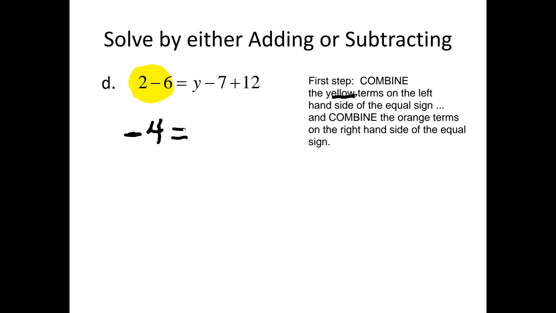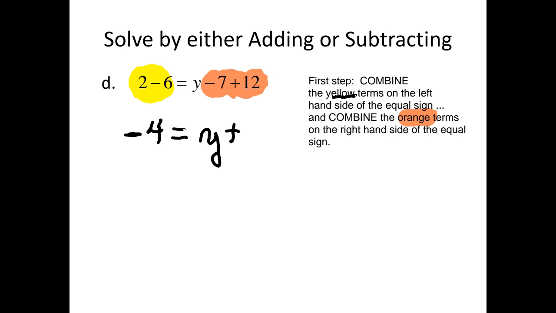Now, the right-hand side has a -7 and a positive 12. This y is staying, but the yellow terms are going to give me a positive 5.